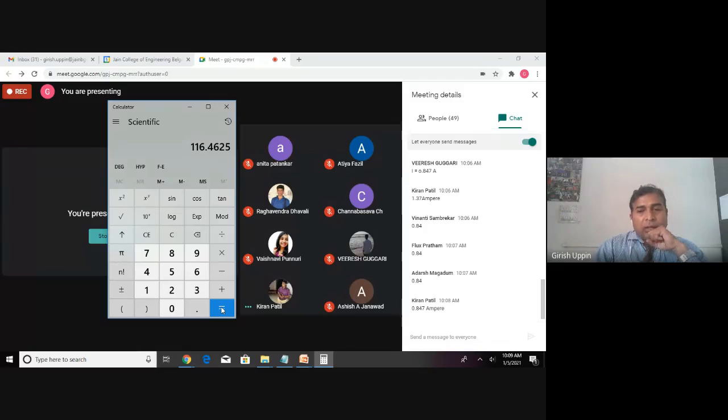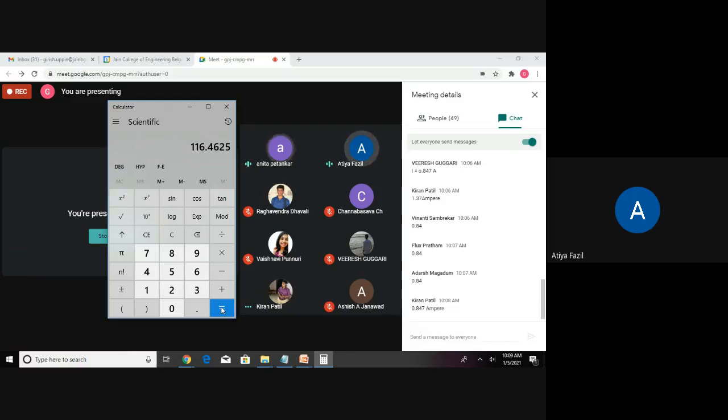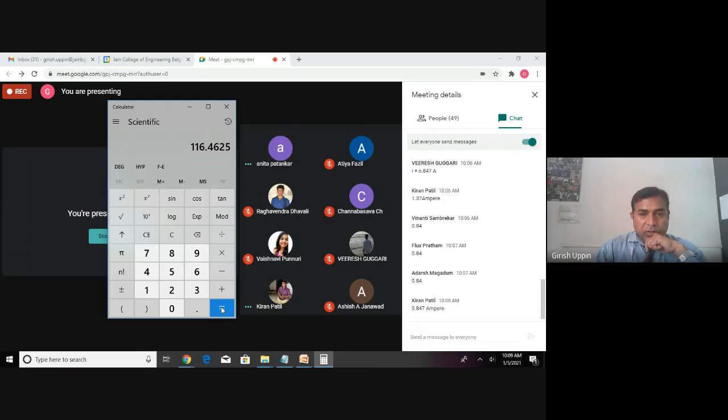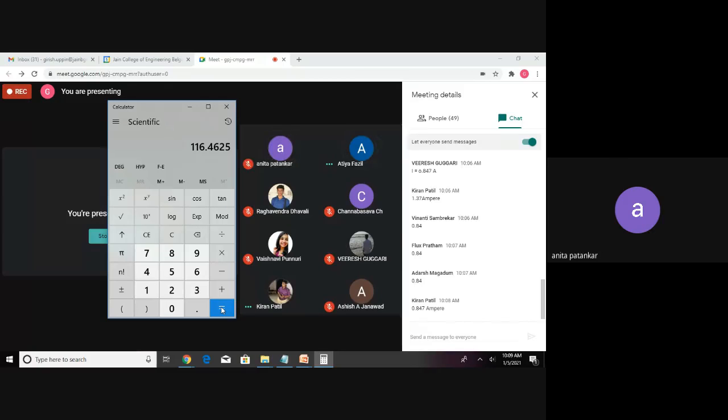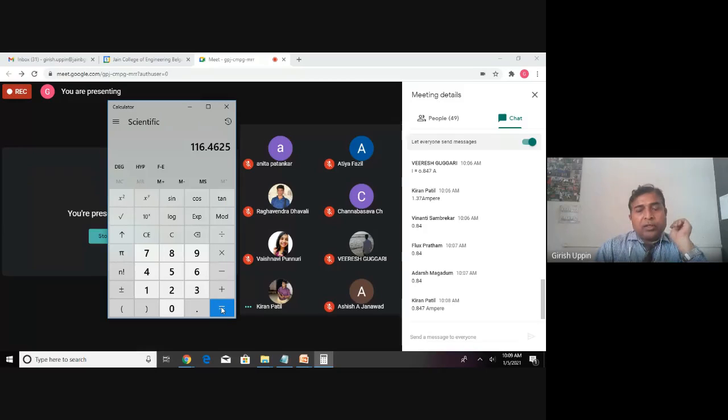And how do you calculate the voltage across lamp B? VB is equal to I into Rb. That is one way, that is correct. Is there any other way?